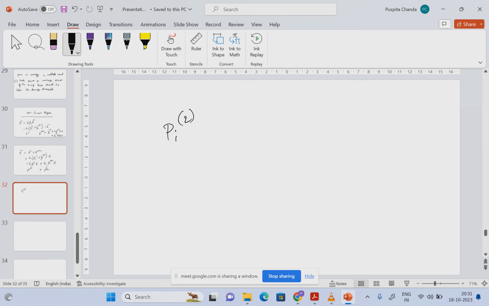So for second order, this is epsilon naught chi 2 E into E. Okay, with tensor notation, it is written as this, the second order nonlinear effect.